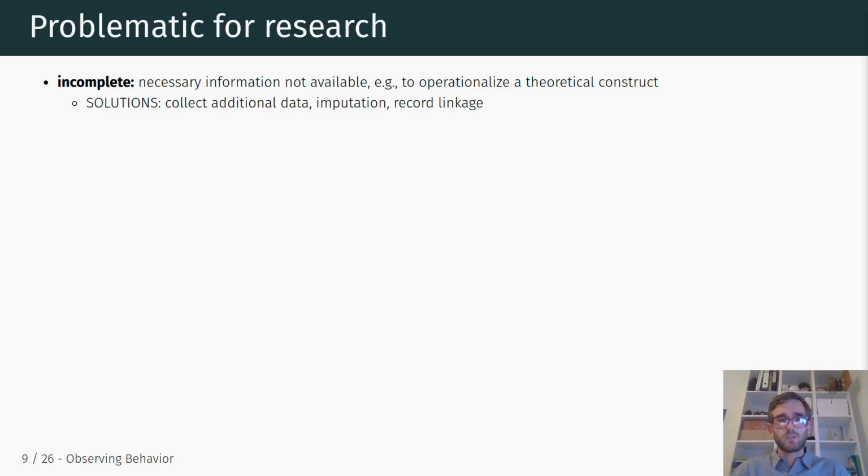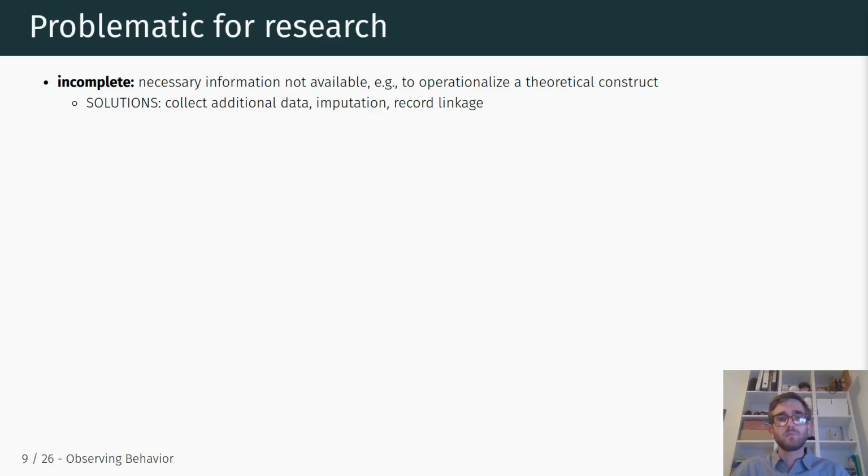Now let's turn to the problematic aspects of big data sources for research. The first issue is that big data sources are usually incomplete. While there's some interesting data available that we can leverage, a lot of necessary information may not be available. Oftentimes, what we're interested in is not the specific variables included in a data set, but larger theoretical constructs.